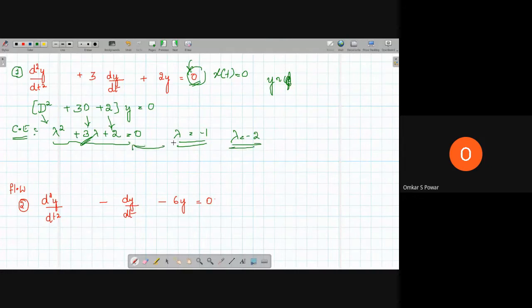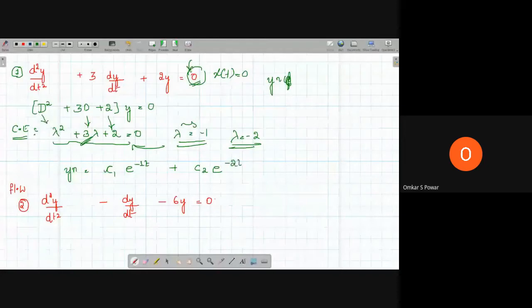Now, if the roots are real and distinct, what is your natural response? C1 e power lambda 1 t plus C2 e power lambda 2 t. So this is the natural response for the system.